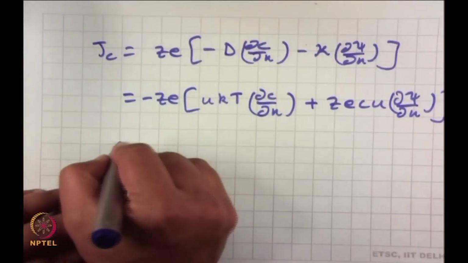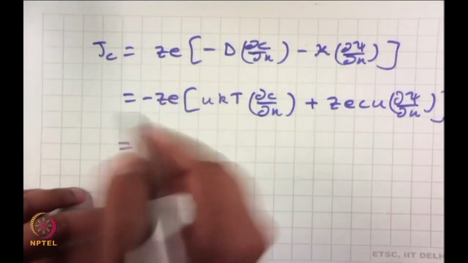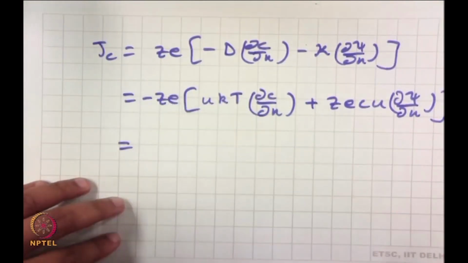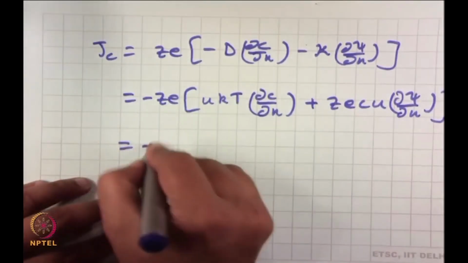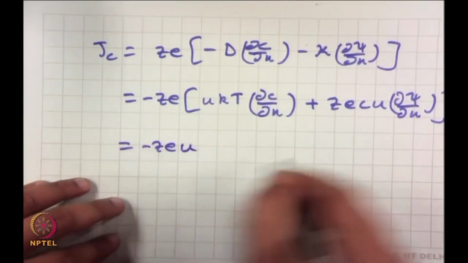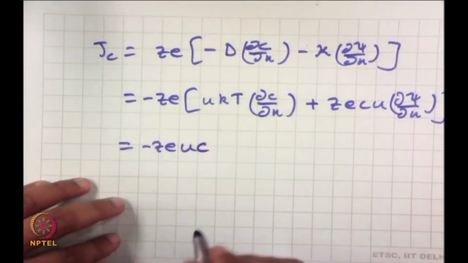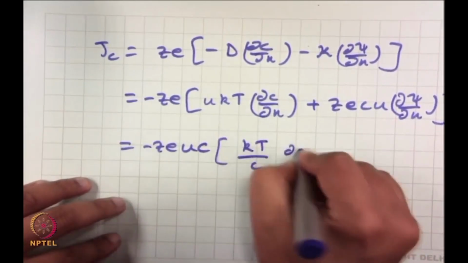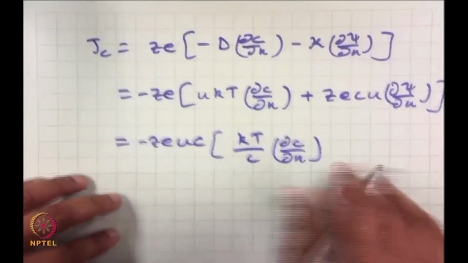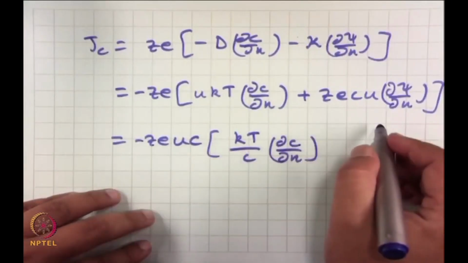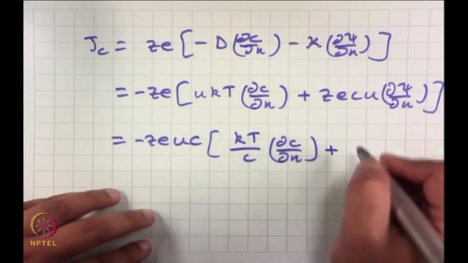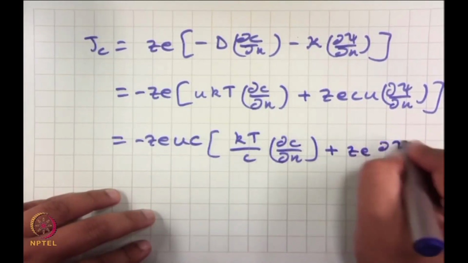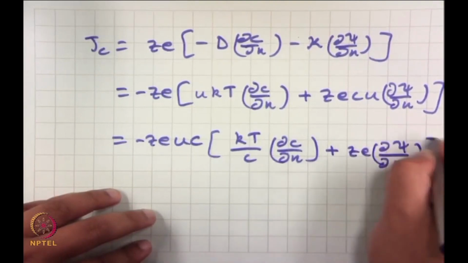So, let me simplify it further. What can I take out? I can take minus Z E, then I can take U out, then I can take a C out. If I take a C out, what I write is Kt by C del of C over del of x, plus Z E del psi over del of x.